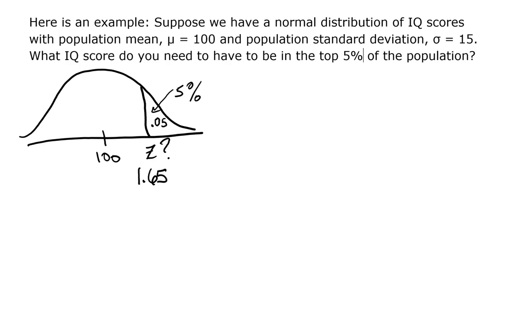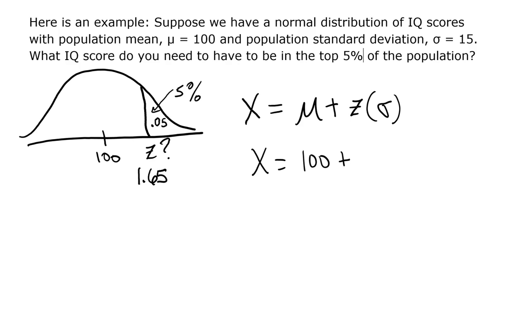Now to find the raw score, remember that x is equal to mu plus z times sigma. So x is equal to 100 plus 1.65 times 15.